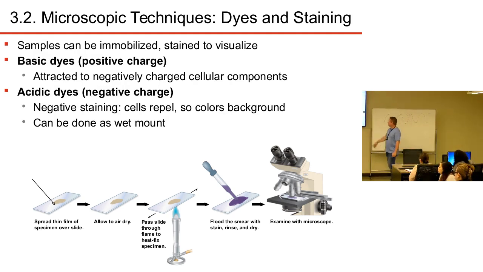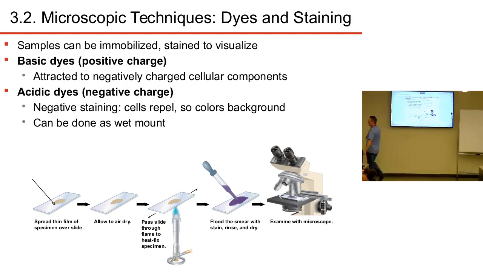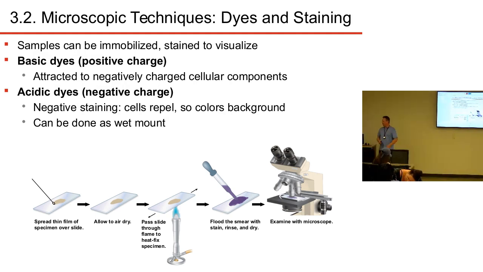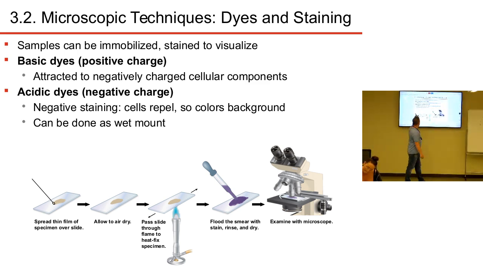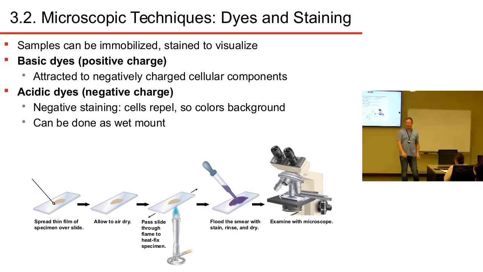Mm-hmm. So now we talk about staining, how we actually stain things. There are lots of different kinds of stains, and there's different nomenclature we use for them. We have basic and acidic dyes. The basic dyes are going to be attracted to negative charges. Why is that important? They're the most common.